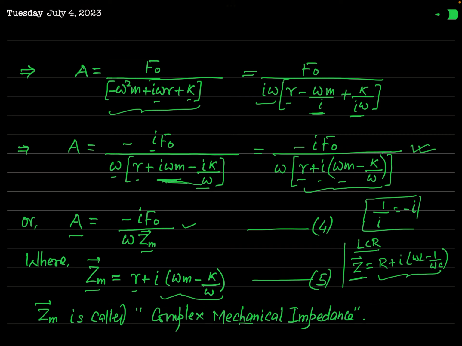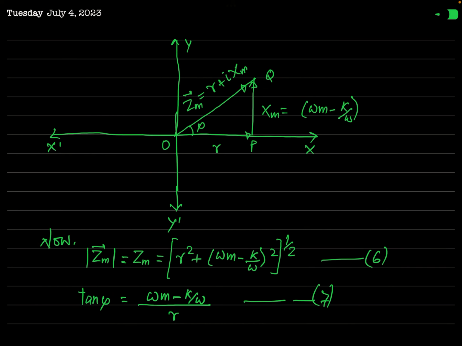And we can represent this Zm in a vector diagram or in an Argand plane. You can see if we take this xx prime axis as the real axis and this yy prime as the imaginary axis, then the real part will be along this x-axis, which is r, and its imaginary part, which is omega m minus k by omega, which I have written here as Xm.